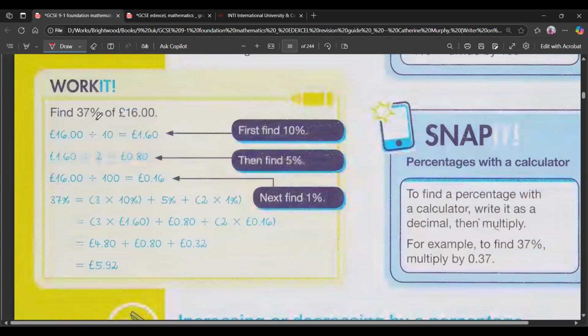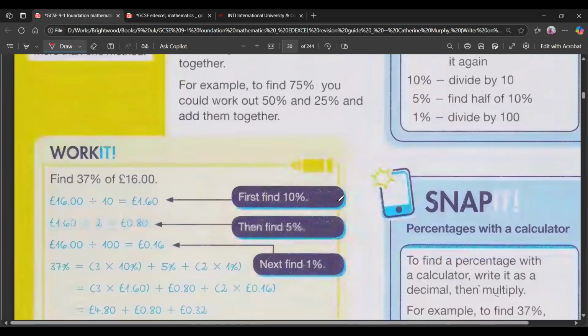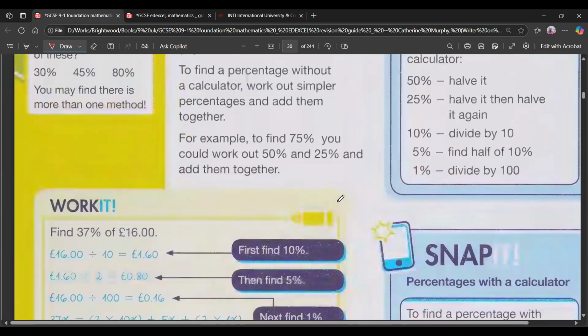Here are some examples. Look at it. 37% of 16. If they are having the word "of", you can what? Multiply. They are having several ways. Here 37, he is taking first 10%, then 5%, next 1%, like that they are divided. If you want, you can take it like that.